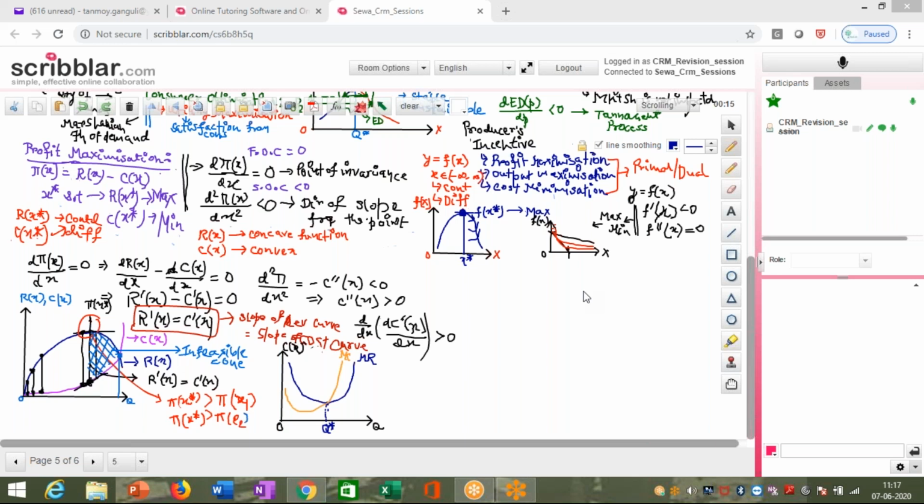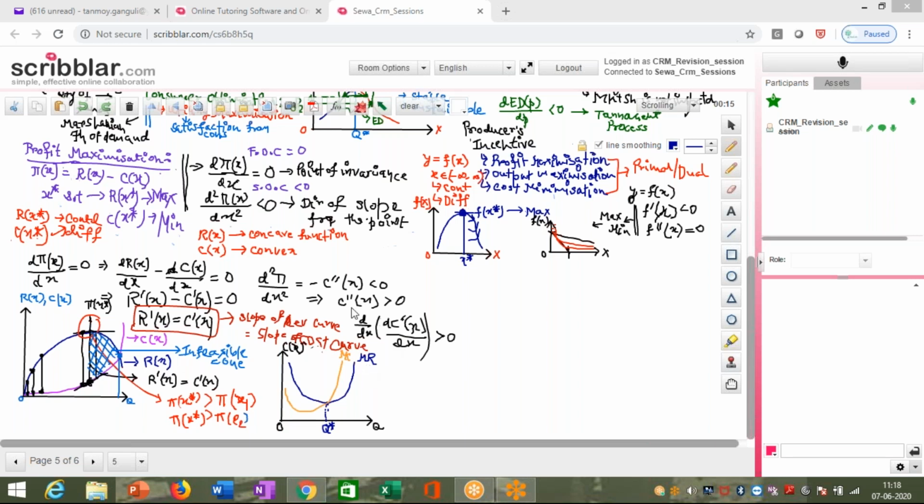If you have any questions, you can put them in the chat box. Okay, fine. So now you're clear about the marginal cost side.